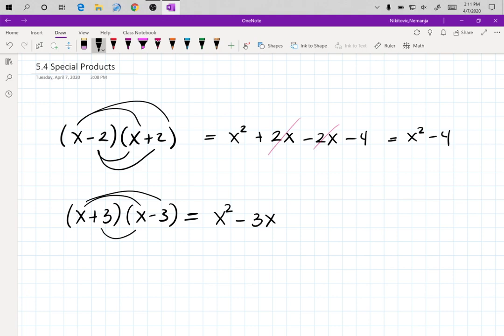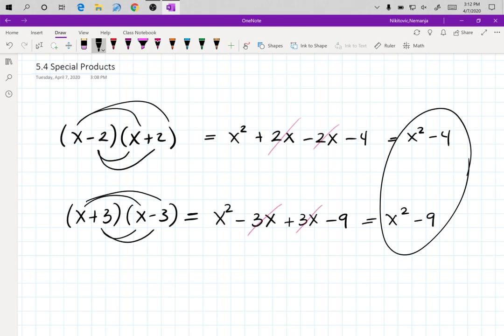And then we have 3 times x for plus 3x, and 3 times negative 3 for negative 9. Uh-oh, these cancel again, and we have x squared minus 9. Wow, the answer looks very similar. It's not the same because 9 and 4 are not the same number, but they look the same.